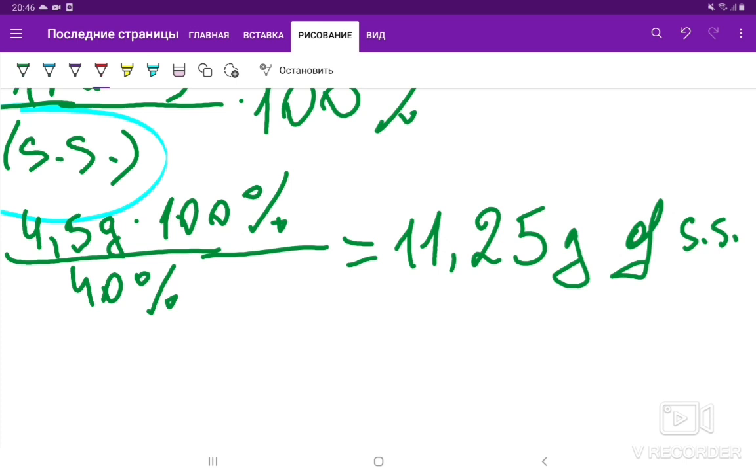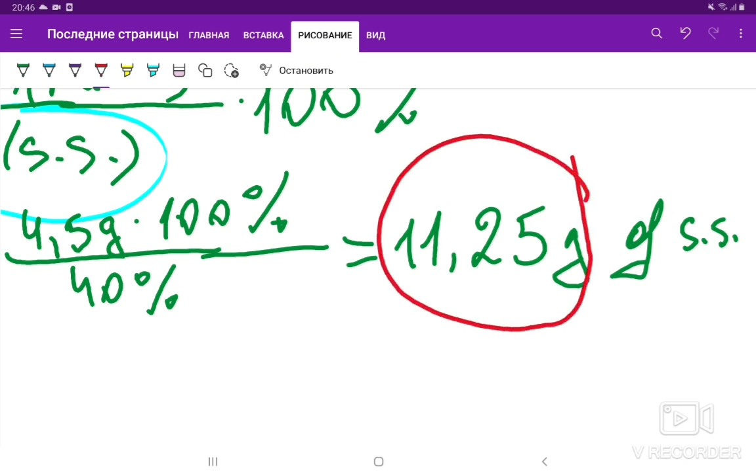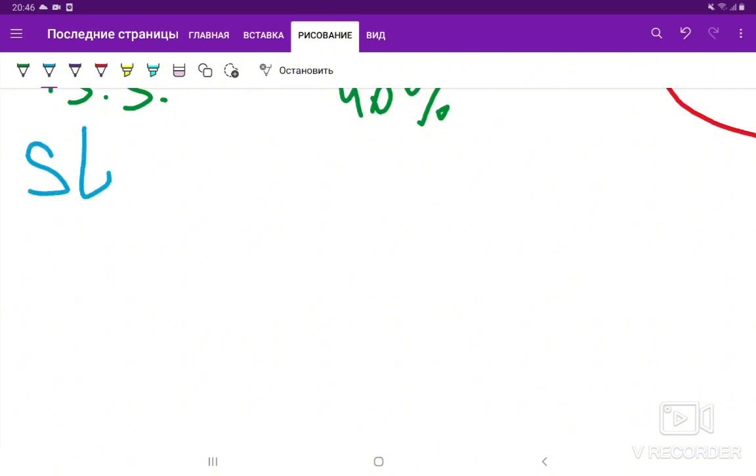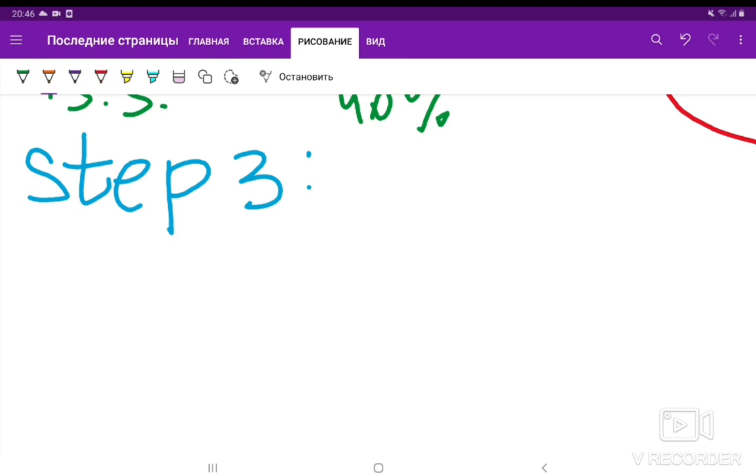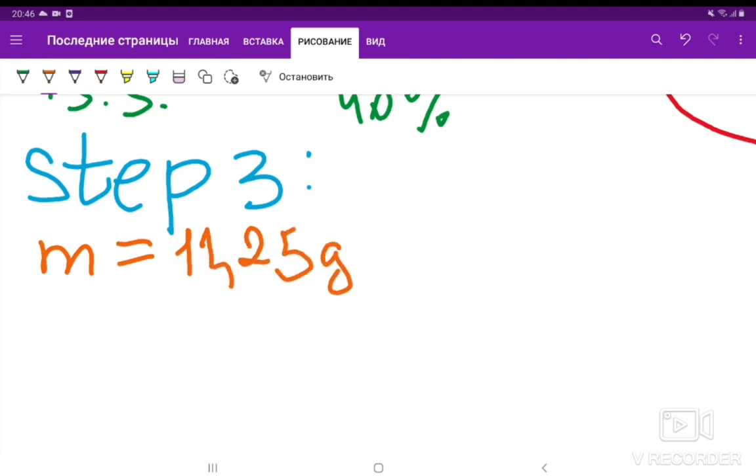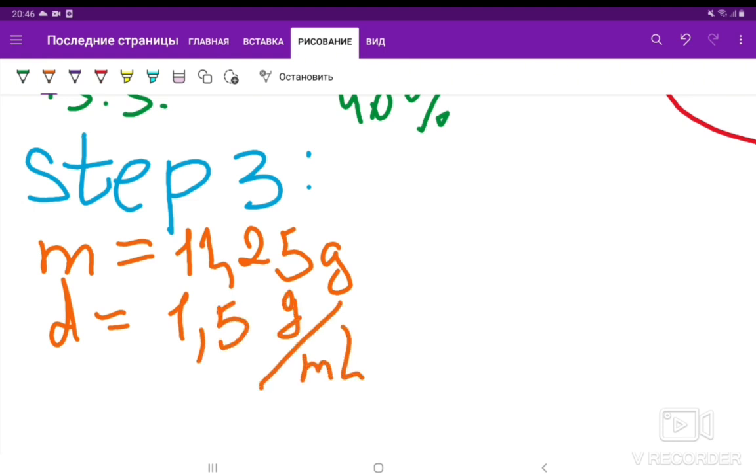So now we know the mass of stock solution. We can find its volume. Our purpose is to find the volume, right? Step 3. We have the density. We found that the mass of the stock solution is 11.25 gram. The density is given. It was 1.5 gram per milliliter. So we can find volume.